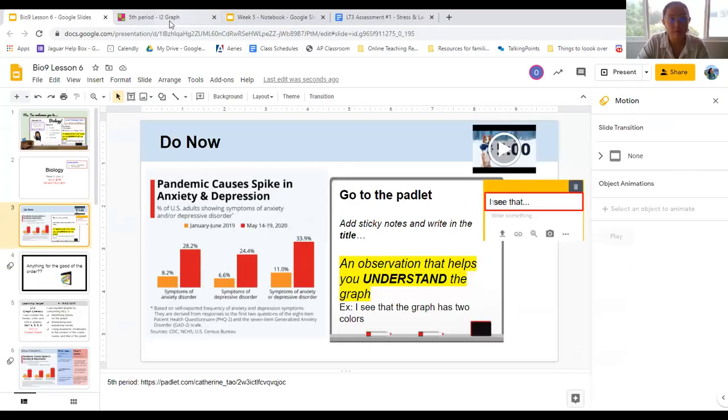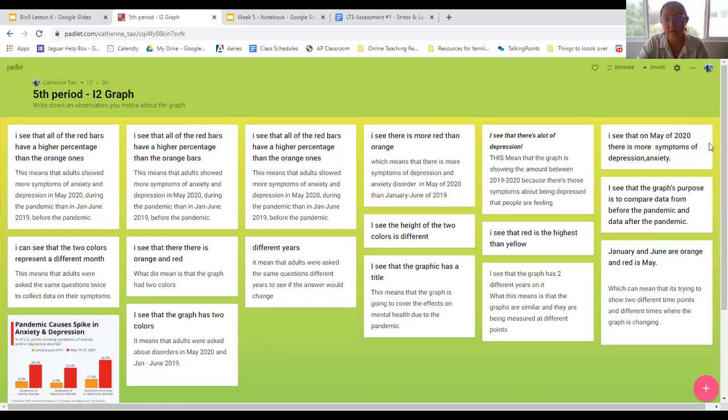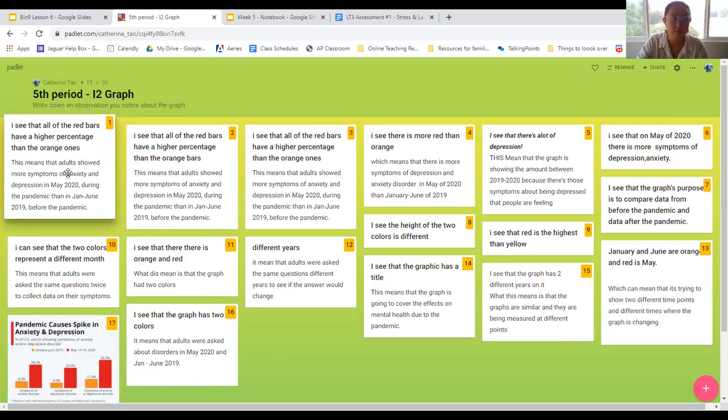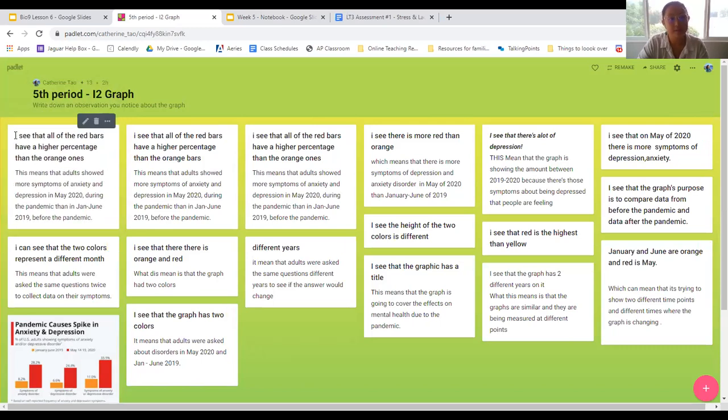So while you're thinking about that, I will go to 5th period's observations, which are these bolded ones. An observation that someone said is, I see that all of the red bars have higher percentages than the orange ones. That's a great observation. It definitely helps you understand the graph. I see that there's more red than orange.